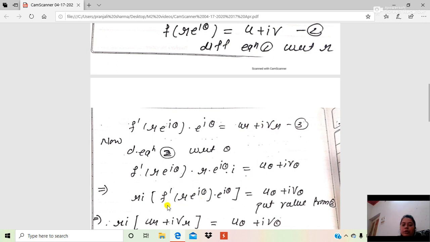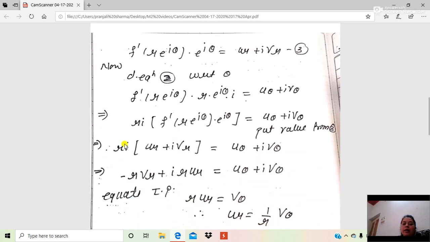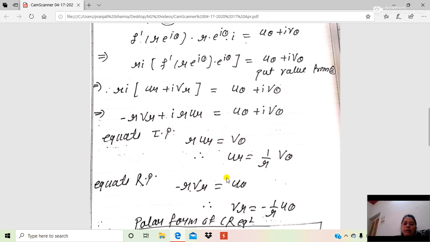So using equation 3, this equation can be written like r i (u_r + i v_r) = u_θ + i v_θ. Now, if I open the bracket, this will be -r v_r + i r u_r = u_θ + i v_θ. Now we equate both the parts, the real part as well as the imaginary part.